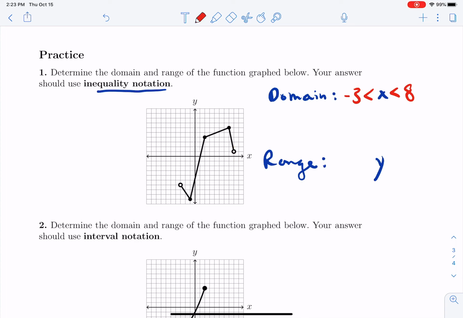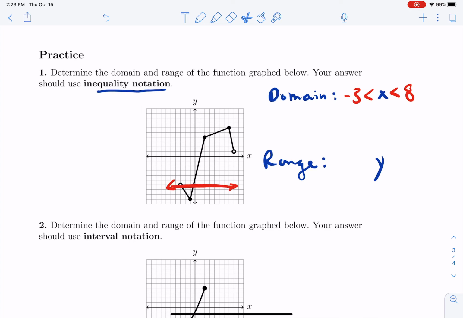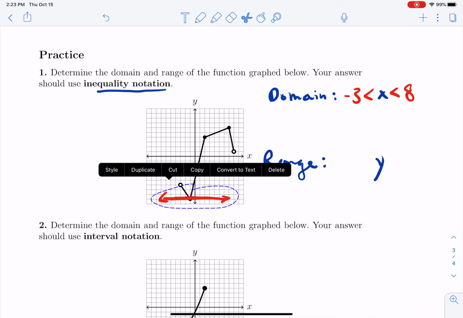Okay, so for the range, we're looking for the highest and lowest y value. So I'm going to draw a horizontal line. Let's find our smallest y value first, which is all the way down here.